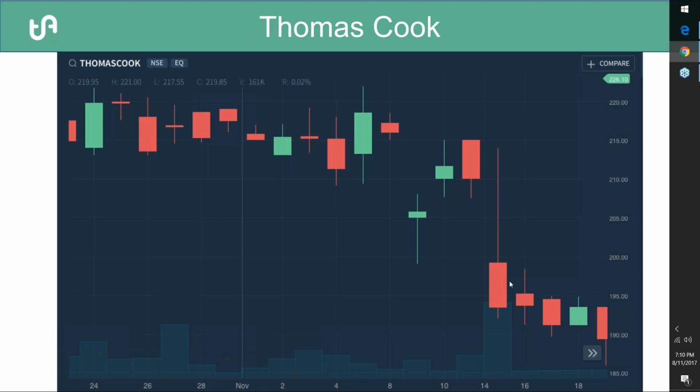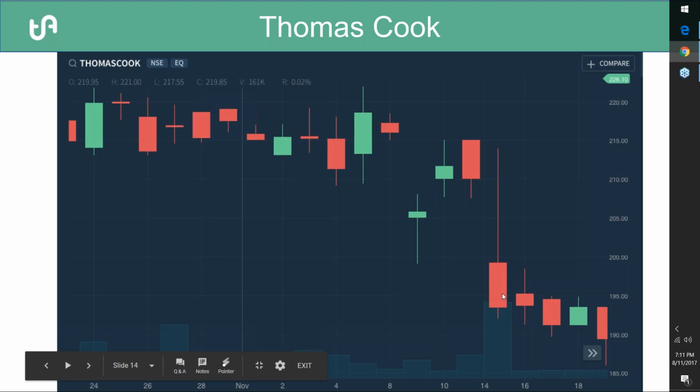Now we can see what happened. The price of Thomas Cook shot up, from 198 all the way up to almost 215, and then it crashed all the way down.